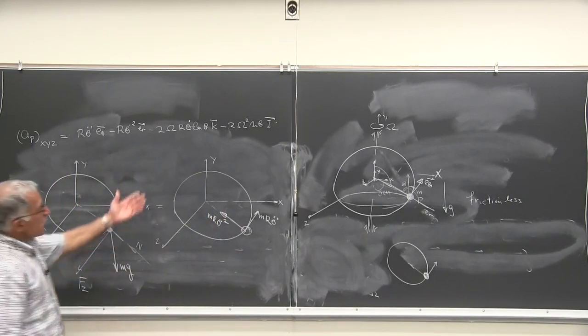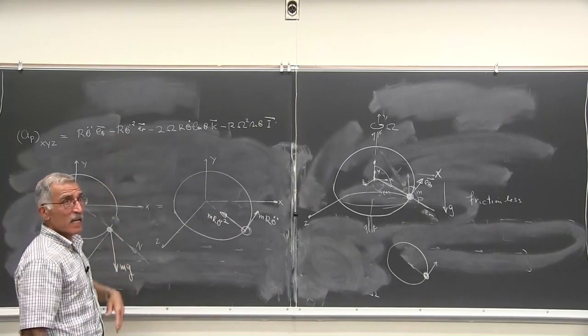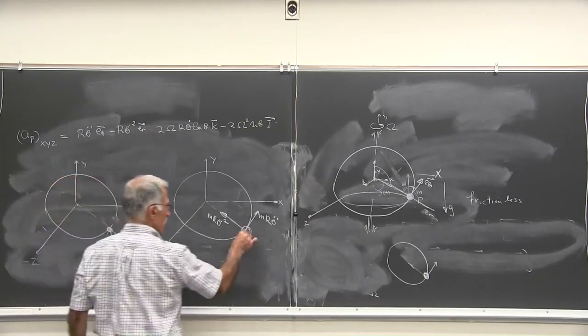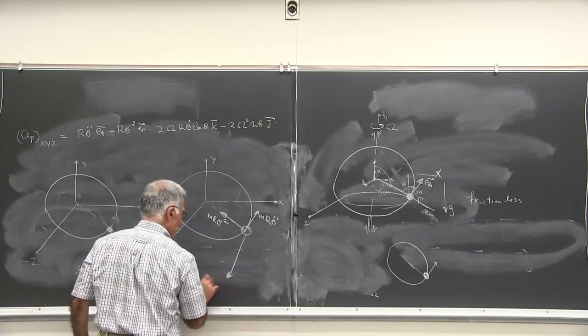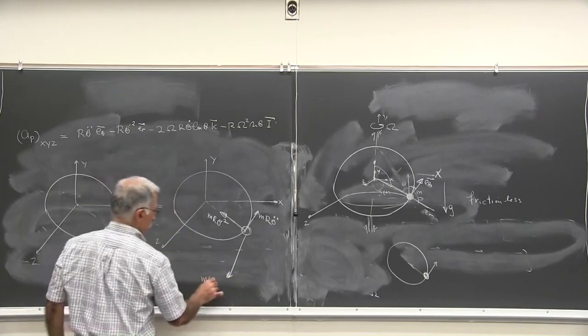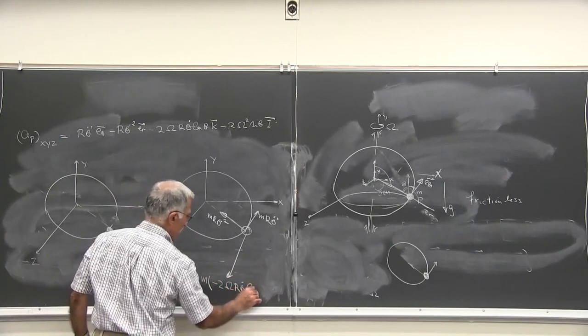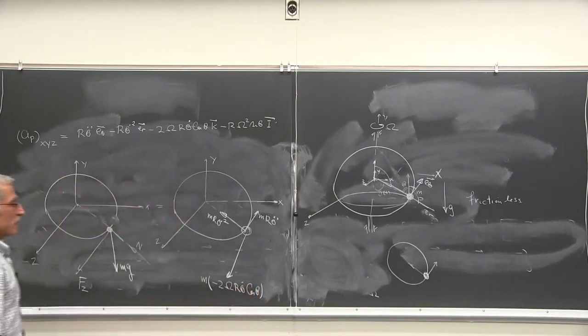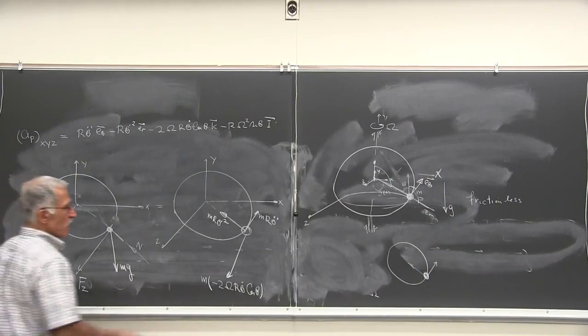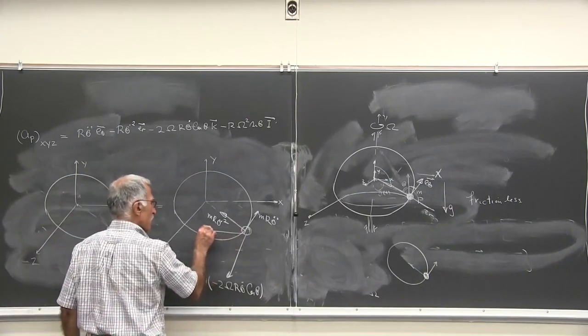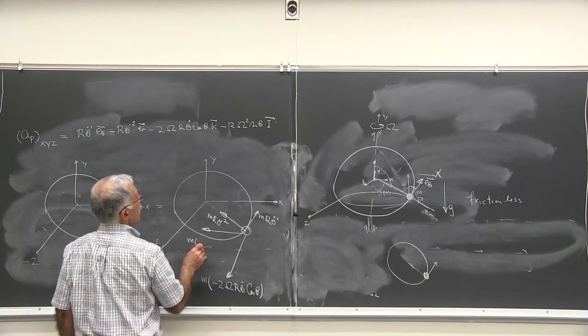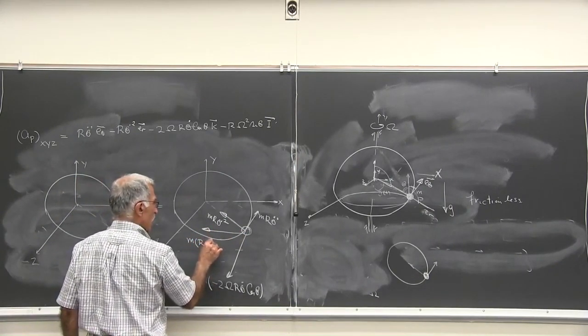We have one perpendicular to the page in the direction of K, mass times minus 2 omega r theta dot cosine theta. This is perpendicular. The other two are not perpendicular to the page, they are in the plane of the ring. And finally, we have one more acceleration, in this direction, mass times r omega square sine theta.